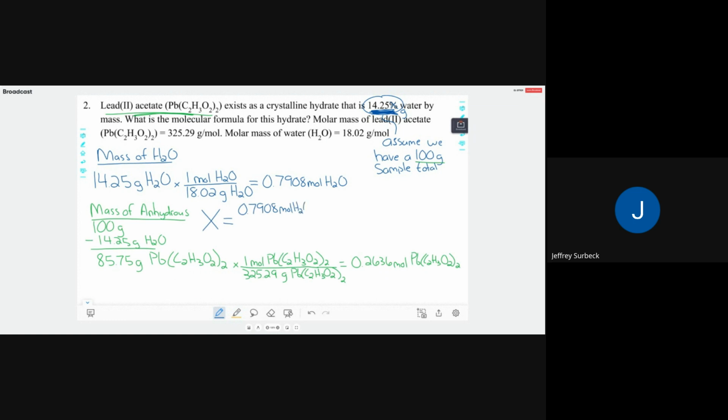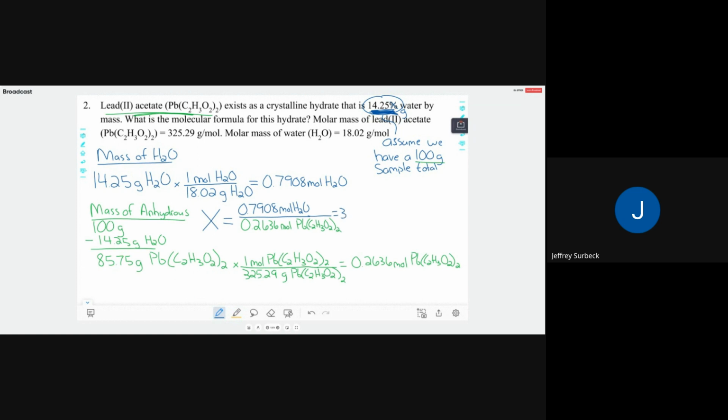Always put the moles of water in this case on top, divided by our moles of our anhydrous, which in this case is 0.2636 moles of Pb(C2H3O2)2. When we calculate this out, 0.7908 divided by 0.2636, we get exactly 3, which is really nice.